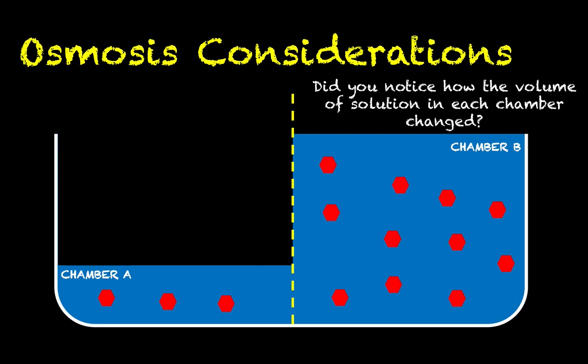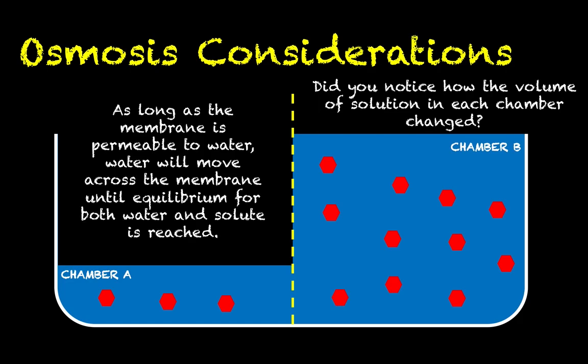So after we allow water to move across the membrane, because glucose cannot, you'll notice that the volume of solution in each chamber has changed. The volume in chamber B has gone way up, and the volume in chamber A has gone way down. But you will notice that the number of glucose molecules in each chamber is exactly the same because, as we said, in this particular example, glucose cannot move across the membrane, but water can.